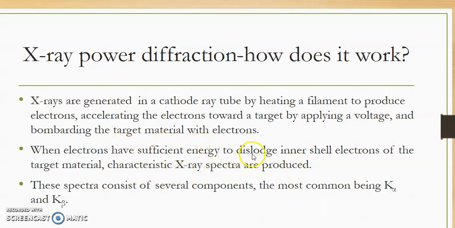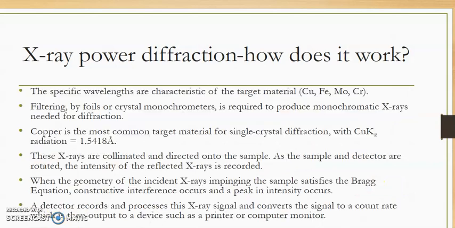When the energy is sufficient to dislodge the inner electrons of the target material, the X-ray spectra is produced. These spectra consist of several components, the most common being K alpha and K beta. The specific wavelengths are characteristic of the target material.